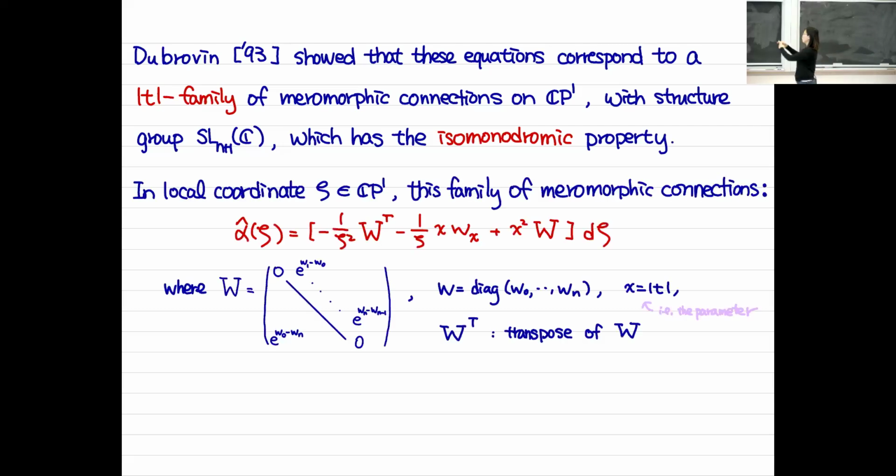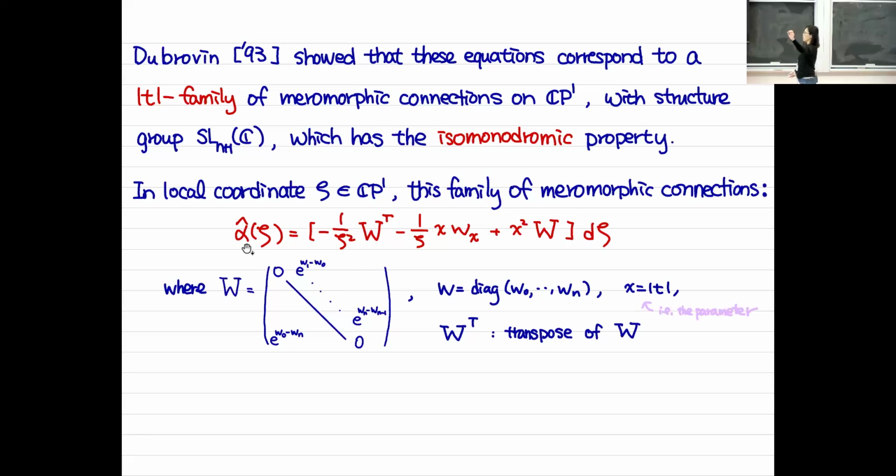And so those connections can be written precisely in terms of a local coordinate. So let zeta be a local coordinate, then the meromorphic connections can be written as such. Over here, you can see this is a pole of order 2. The coefficient over here is minus capital W transpose. So capital W is this matrix.